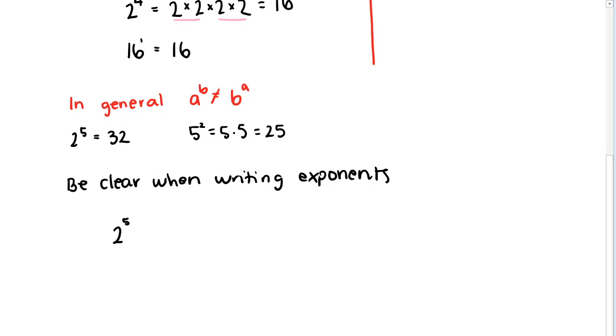If you write very quickly or a little messy, it might look like 25. If you write the 5 a little bit too big, maybe a little bit too low, it'll look like 25. And again, as we saw above, these two are not equal to one another. So be very careful when you're writing exponents. Make sure that the exponent is a little bit smaller and it's raised up high enough so it's very clearly an exponent.